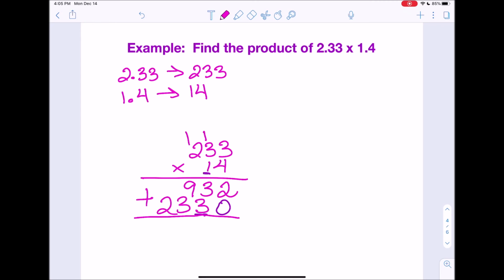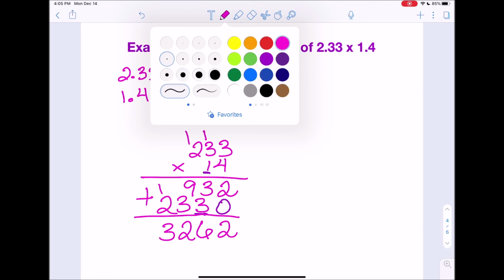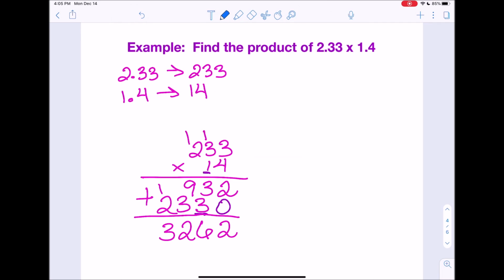Now I'm ready to add. 2 plus 0 is 2. 3 plus 3 is 6. 9 plus 3 is 12. Carry the 1. 1 plus 2 is 3. So we get 3,262. Now we need to figure out where the decimal goes in our answer.